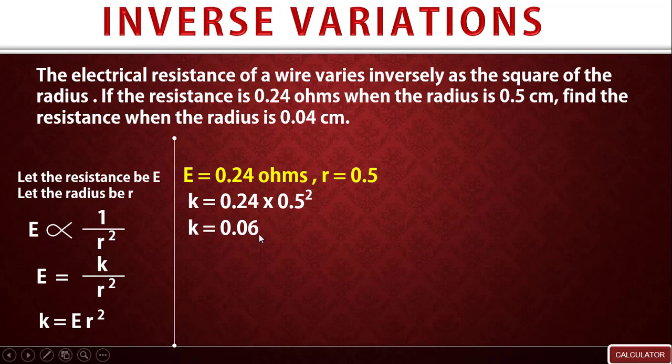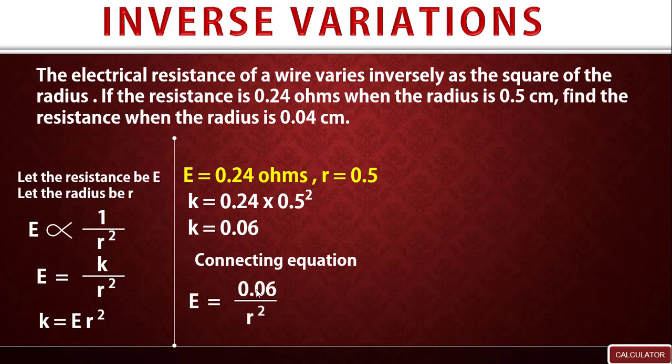So the next thing to do is for us to fix the value of this K into this connecting formula. So our connecting formula will now be E equals 0.06 divided by R squared. So this is our connecting formula that we use to calculate the questions that follow.